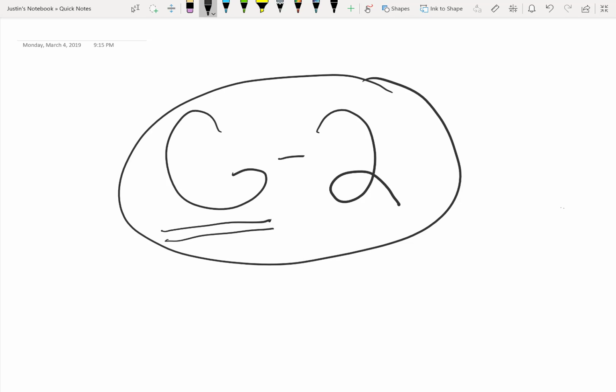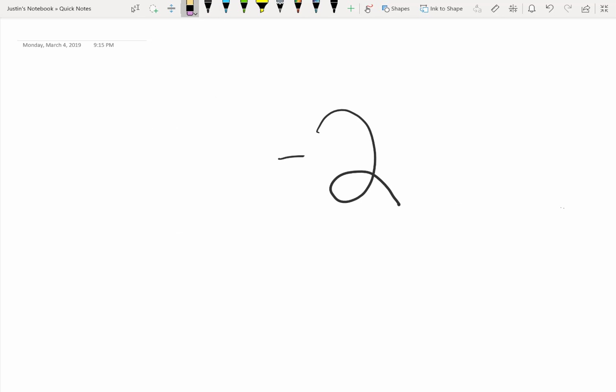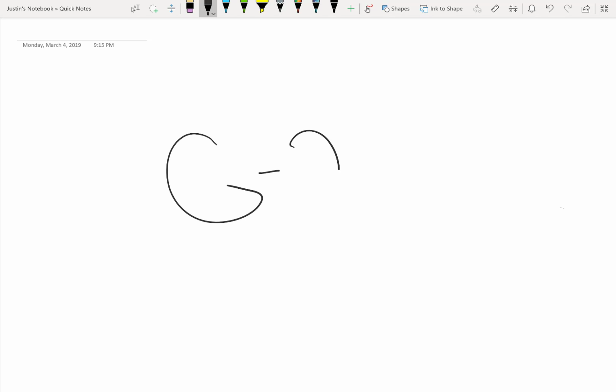It says fill in the last row of the table with the expressions. So for your age, you're going to write G minus 2. Your age is going to be G minus 2 years.